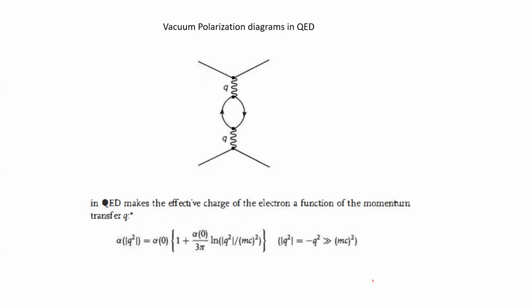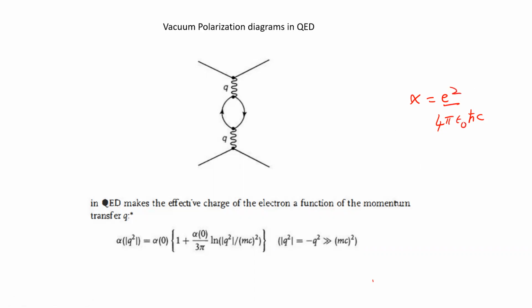The coupling constant is written in terms of the fine structure constant alpha, which is nothing but e squared by 4 pi epsilon naught h bar c. So remember that. If the coupling constant increases, then it means that the charge of the electron increases. If the charge of the electron increases, then we interpret this as the vacuum polarizing or screening the charge.